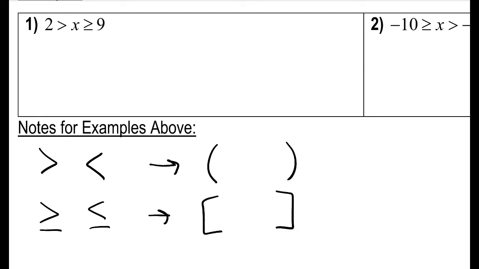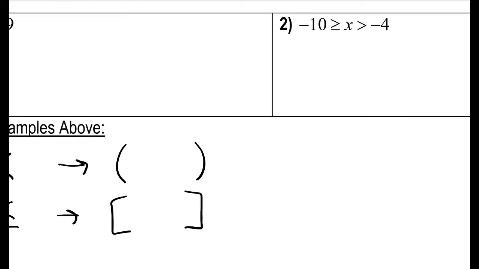So the parentheses means the number is not included because we are not underlined or not equal, and the brackets mean that the number is included because it's less than or equal to or greater than or equal to, which means we can be equal to the number, so we have to include it in our answer.